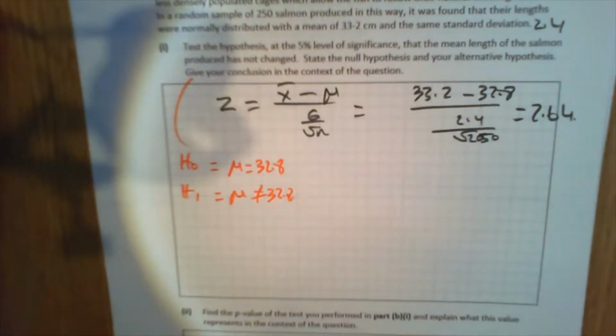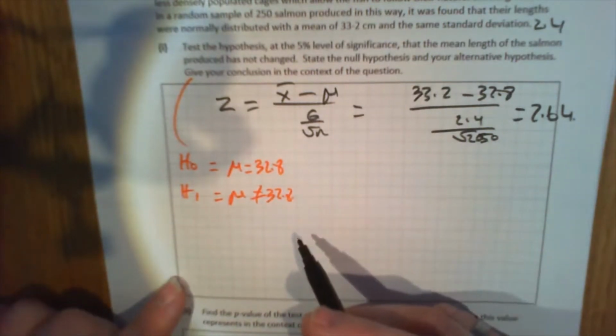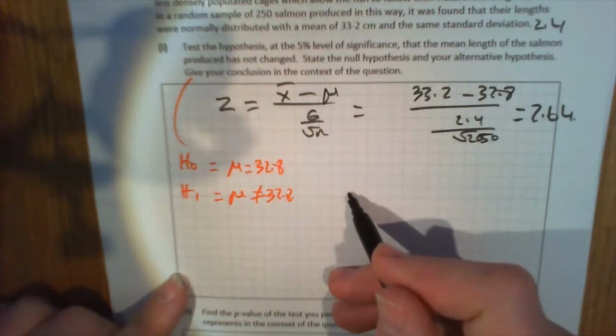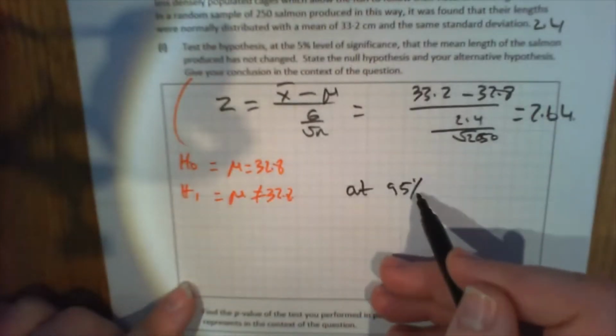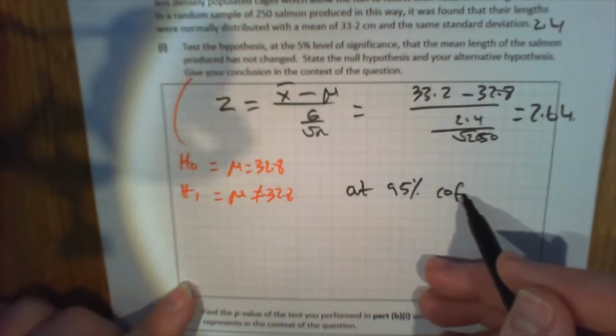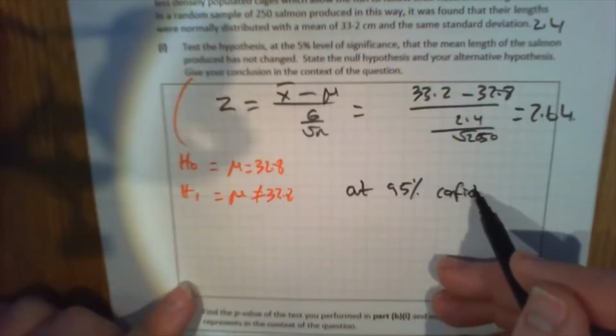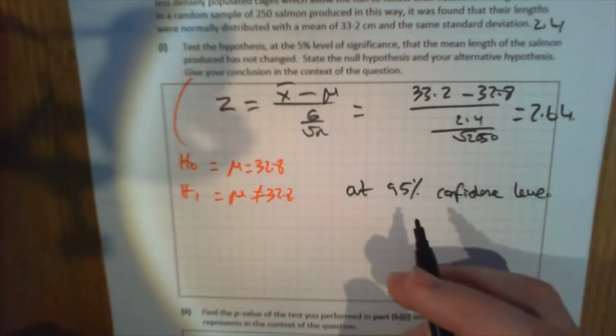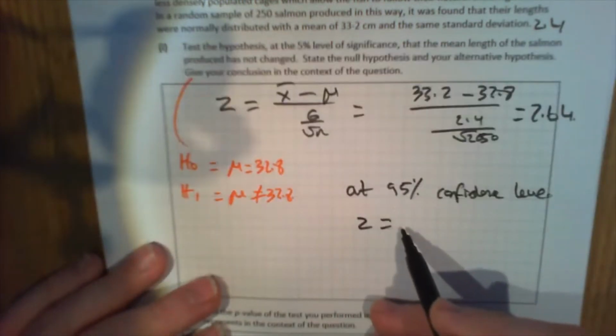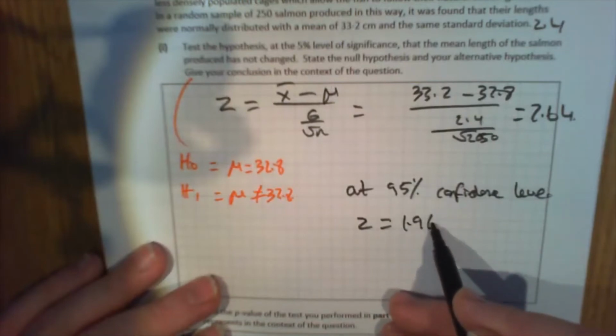Okay. So at the 95% confidence level, obviously the Z score is 1.96. Okay.